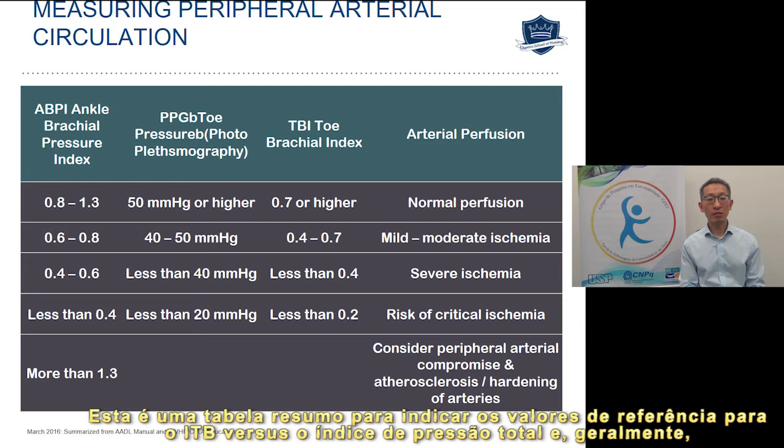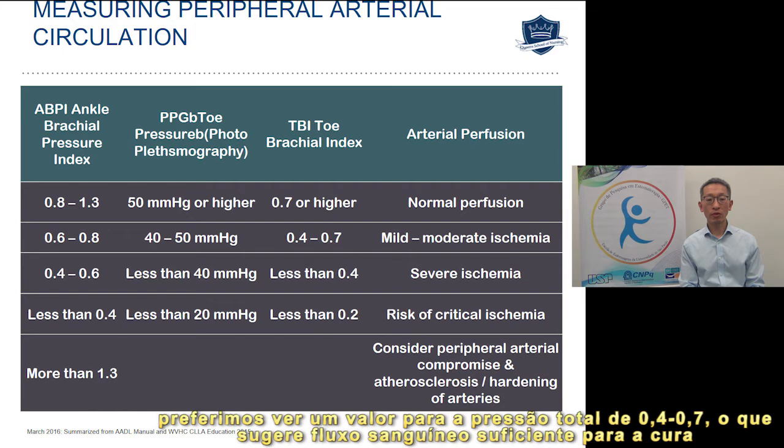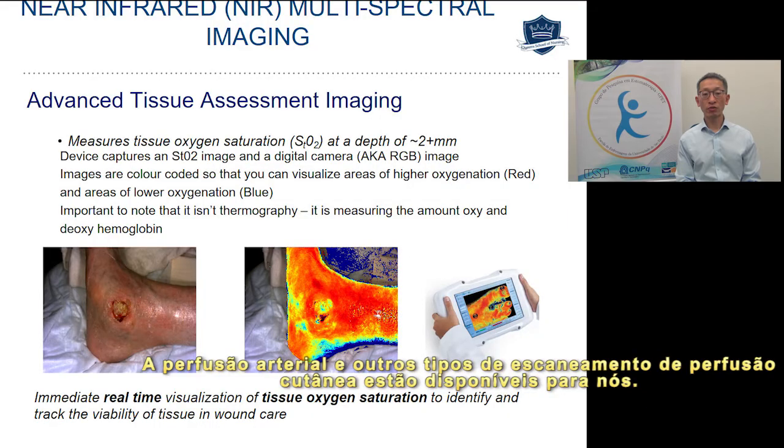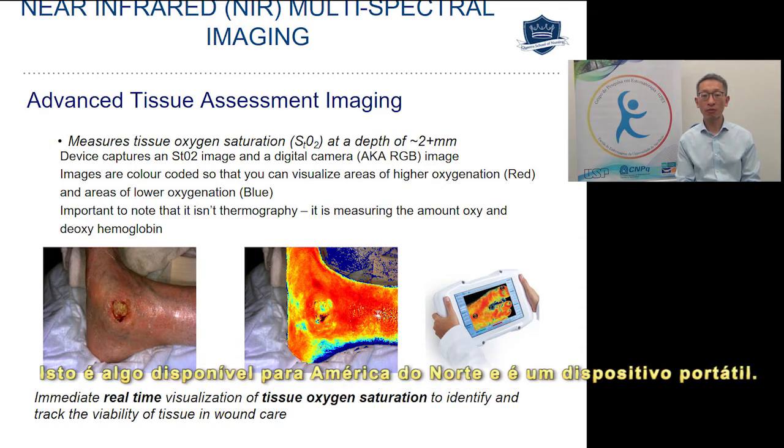This is a summary table indicating the reference values for the ankle-brachial pressure index versus the toe pressure index. Usually we prefer to see a value for toe pressure from 0.4 to 0.7 to suggest enough blood flow for healing. And of course, other types of skin perfusion scanning are available to us.